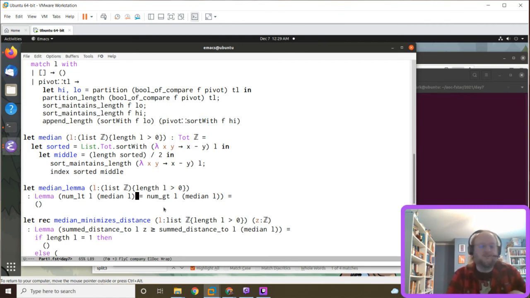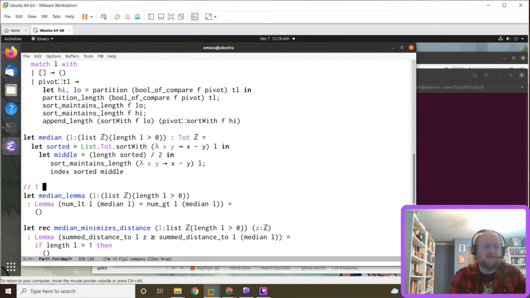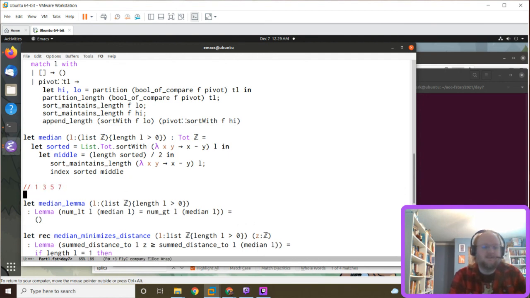Is this even true? Yeah, because our median's not quite right. It was good enough to solve the problem, but this isn't true for this list, right?